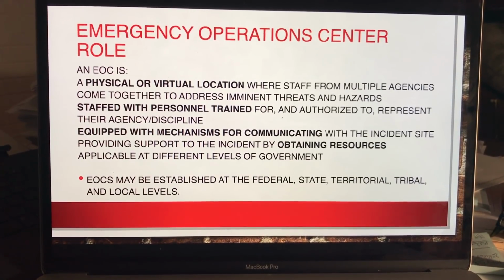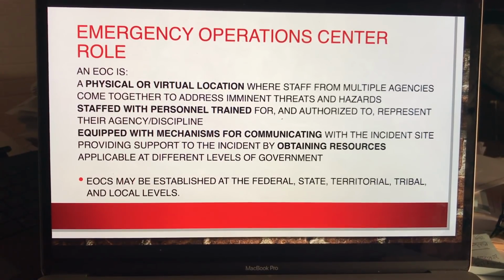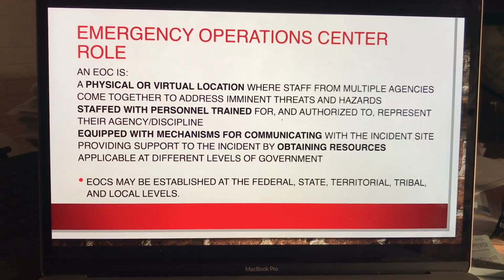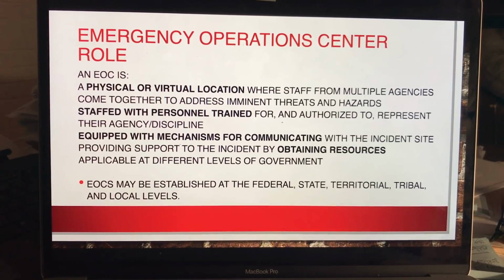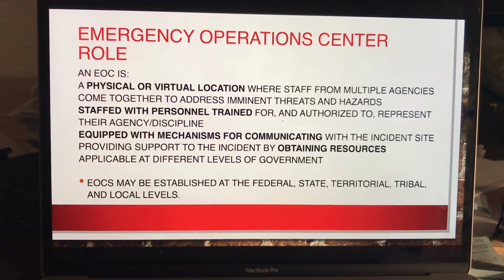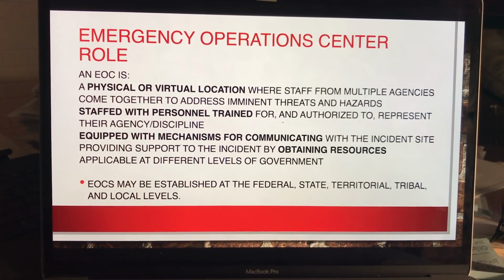The Emergency Operations Center role. An EOC, Emergency Operations Center, is a physical or virtual location where staff from multiple agencies come together to address imminent threats and hazards. Staff or personnel are trained for and authorized to represent their agency or discipline.